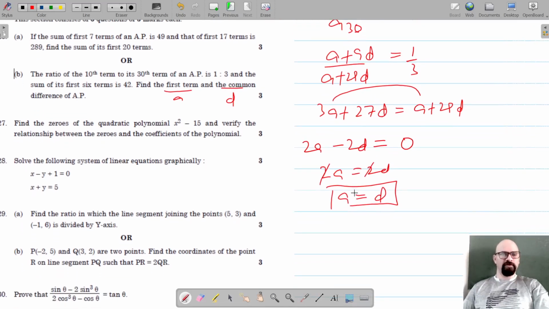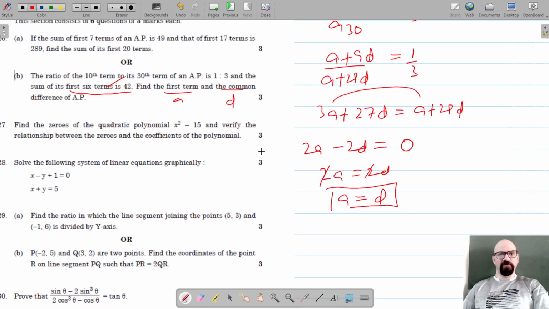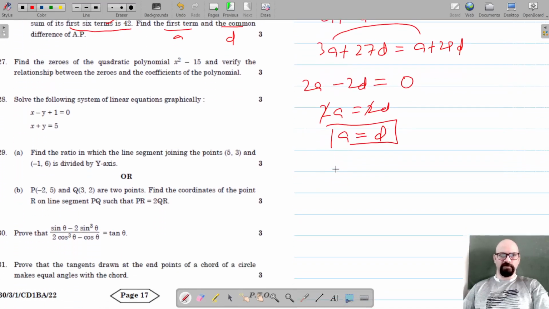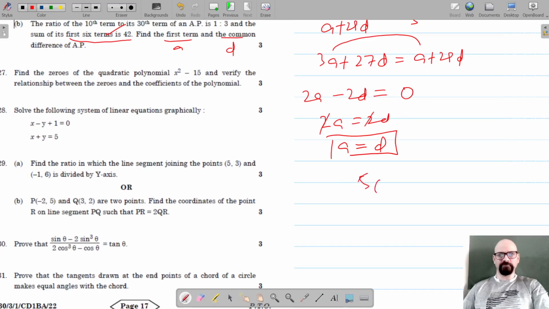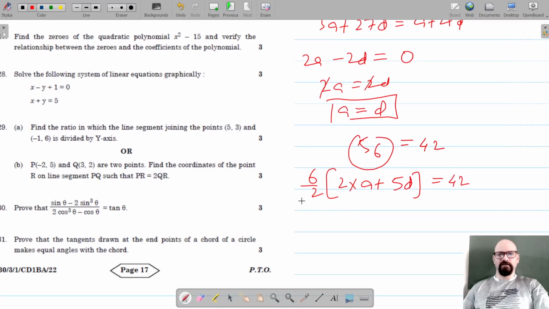Now we have to find the first term and the common difference, given the sum of the first six terms is 42. So S6 is 42, and the sum of the first n terms is given by n by 2 into (2A plus (n minus 1)D). My n is 6, so 6 minus 1 is 5, and this equals 42.